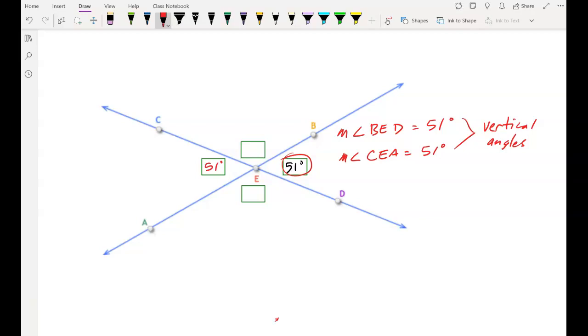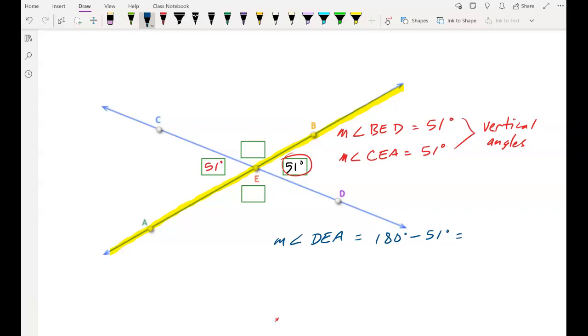And vertical angles have the same measure. How great is that? The other thing I should notice is that we have a straight line here, right? And if the measure of angle BED is 51 degrees, then the measure of angle DEA should be 180 degrees minus 51 degrees.